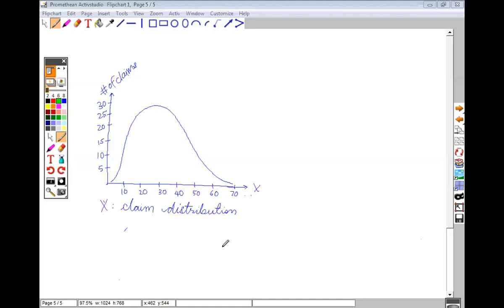What I'm plotting here is the distribution of my claim amount, the gross claim amount. Now I'll have two different sets of graphs.